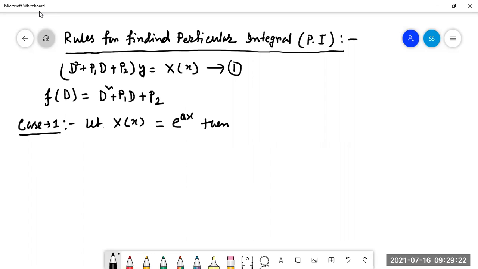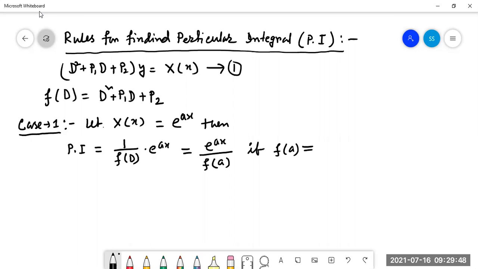Then PI should be 1 by F of D into e to the power ax, equal to e to the power ax by F of a, if F of a is not equal to 0.